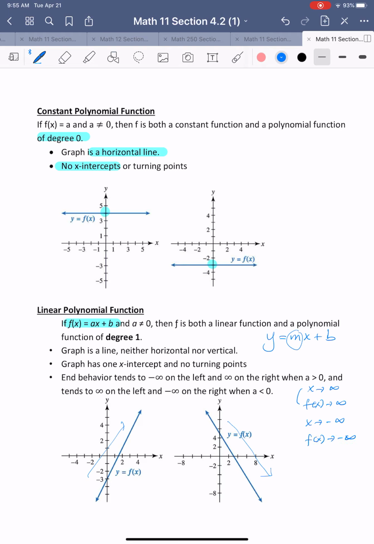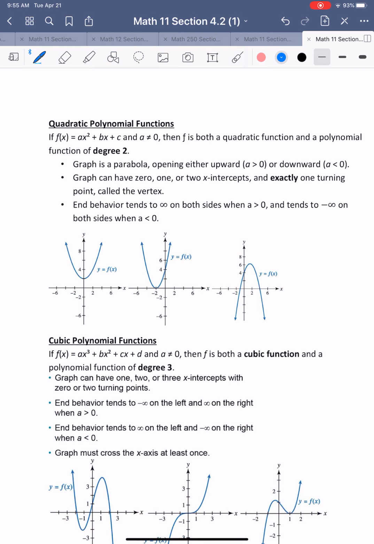When a is less than 0, it goes the other way: when x approaches infinity, y goes to negative infinity, and when x goes to negative infinity, y goes to positive infinity. So those are the directions you'll see from the end behavior.